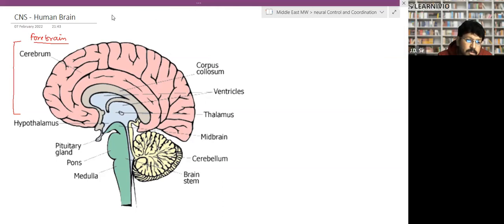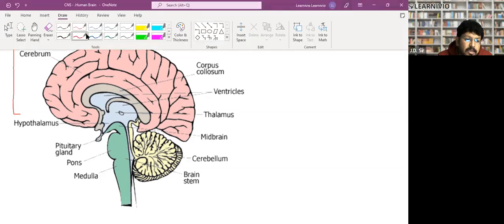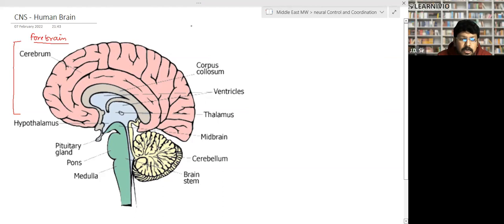Now, what are the sub parts of the forebrain? The forebrain has been divided into some sub parts. The first and foremost is the olfactory lobe.